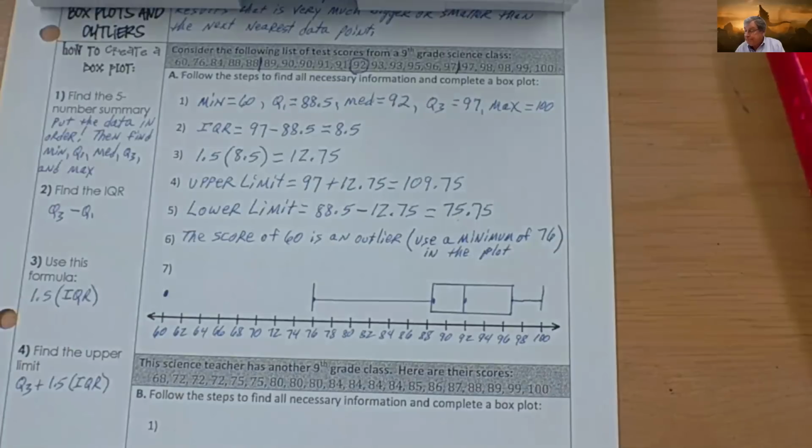And that's how you draw a box and whisker, taking into account the outliers.